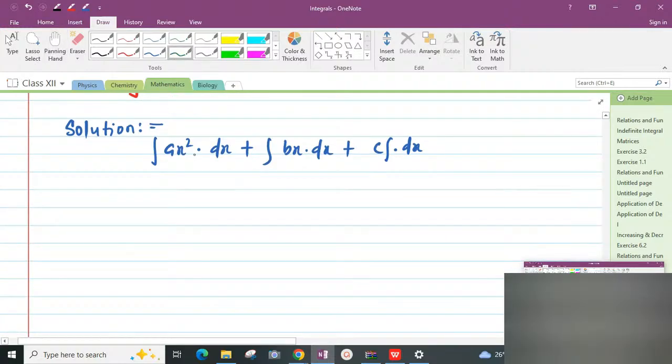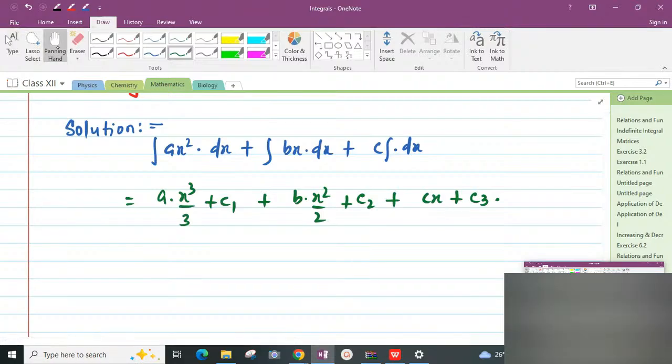The integral of ax squared into dx will be a into x to the power 3 by 3 plus c1, and bx square by 2 plus c2, and plus cx plus c3.